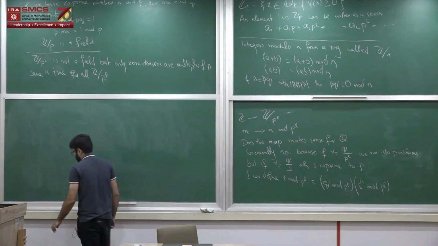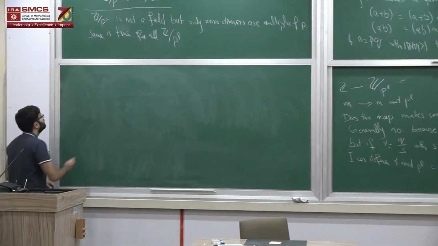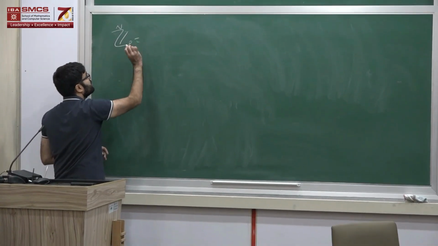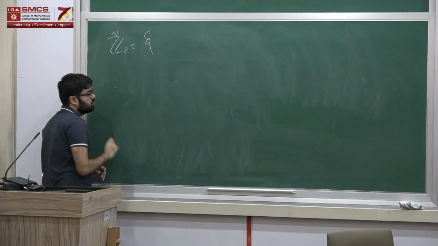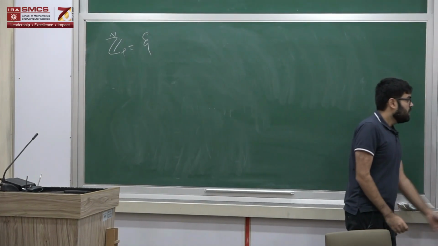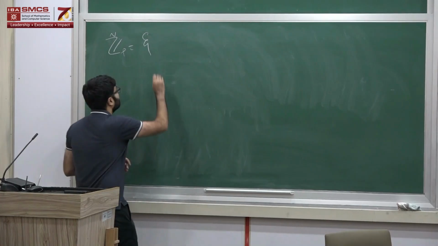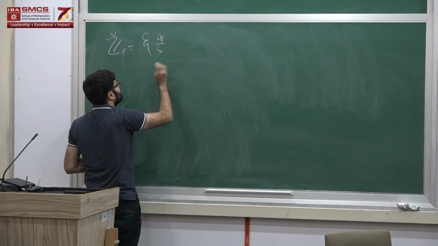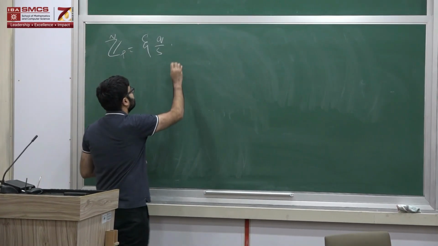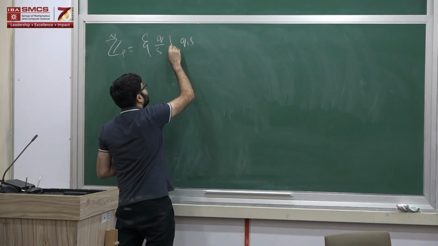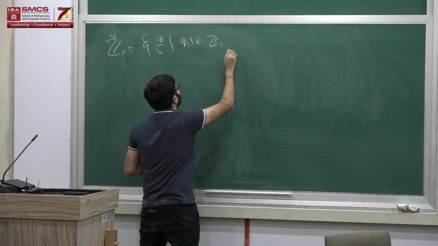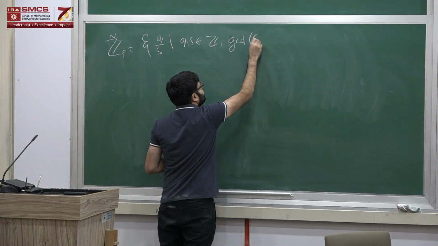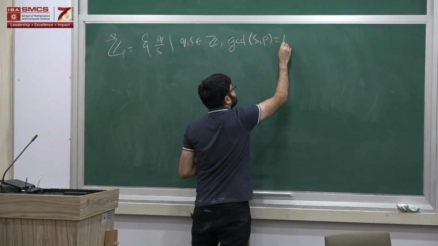I will just define Z tilde p to be all rational numbers q over s where q and s are integers, but GCD of s and p is 1.